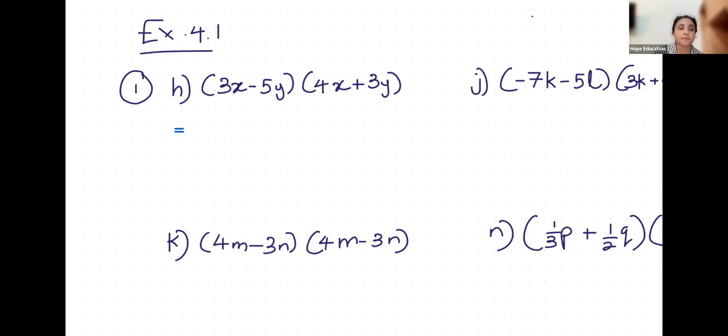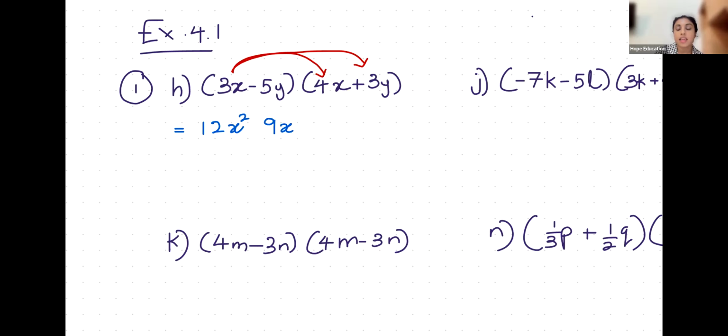So here, 3x multiplied by 4x. So 3 times 4 is 12. X times x is x squared. Plus times plus is plus. Then 3x multiplied by 3y. 3 times 3 is 9. X times y is xy.